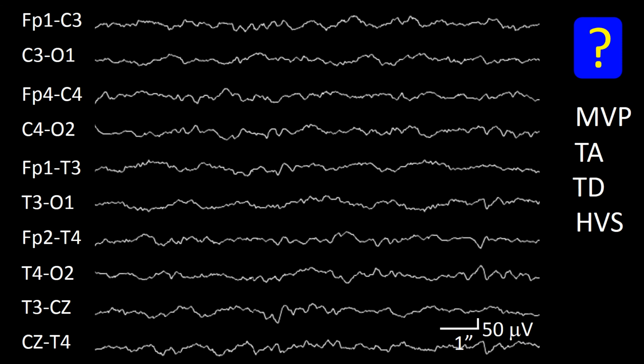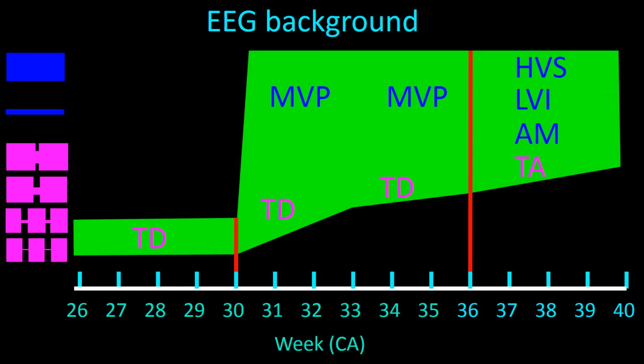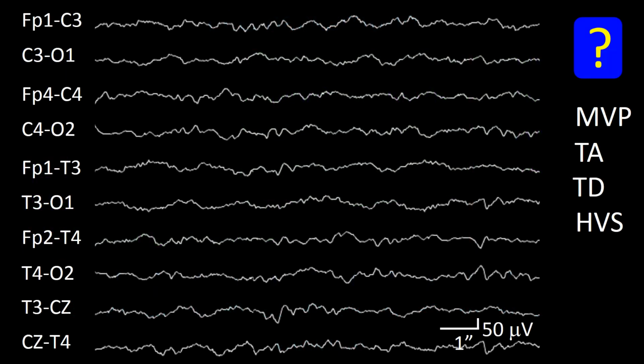Next question. Please look at this epoch and choose the best answer. The figure I have just introduced in this frame has discontinuous patterns represented in magenta and continuous pattern in blue. The epoch here presented is continuous. Therefore, tracé alternant and tracé discontinu can be excluded.